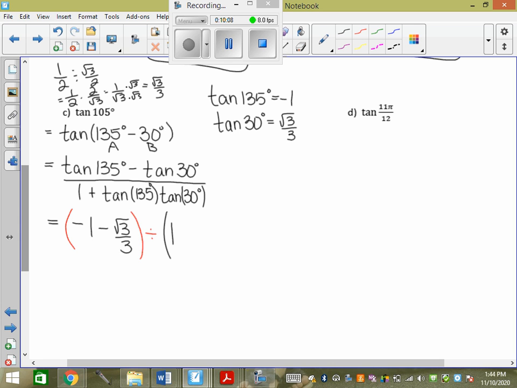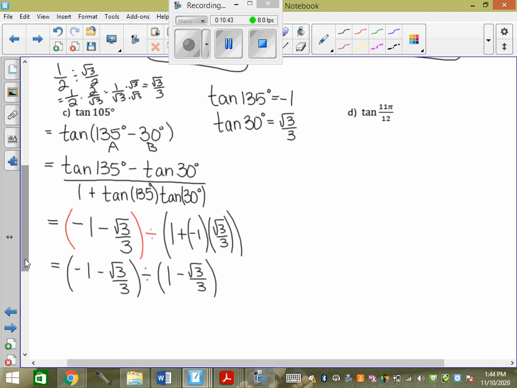And then I get positive 1 plus, negative 1 times root 3 over 3. I put them out of order. So here I have negative 1 minus root 3 over 3 divided by 1 minus root 3 over 3.